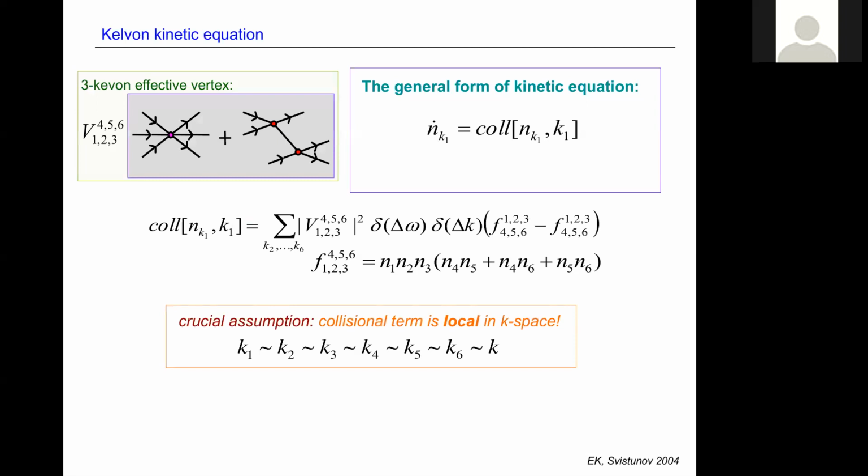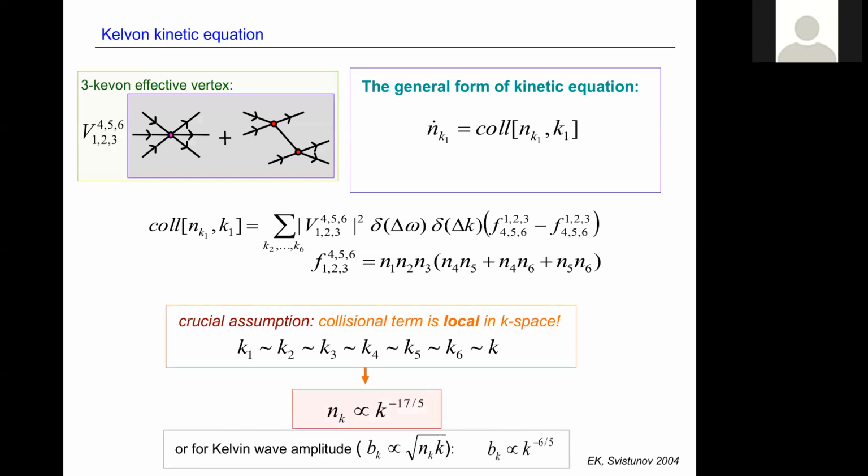Basically, you're saying that in the collision term on the right-hand side, the processes that contribute to the integral are mainly the ones for which all the momenta are of the same order. This is locality in K space. If this is true, then you immediately get the spectrum by simple dimensional analysis. This is a standard approach which was used in plasma, where by power counting you immediately get the solution that corresponds to constant energy flux.